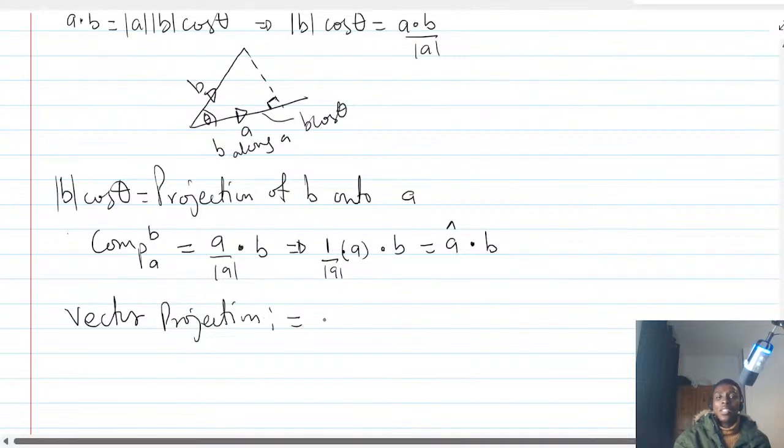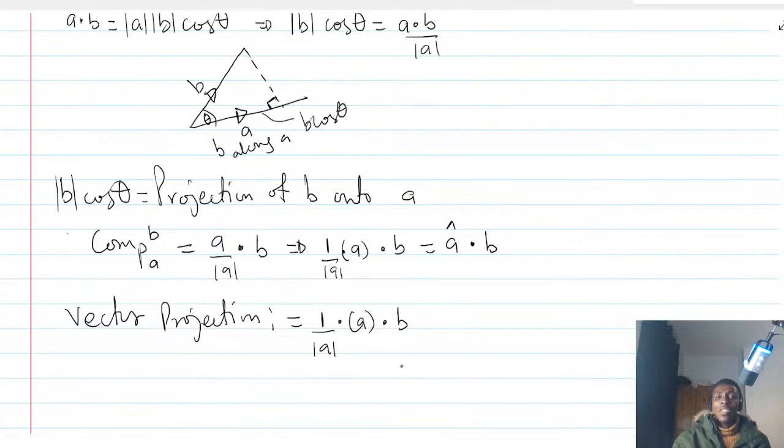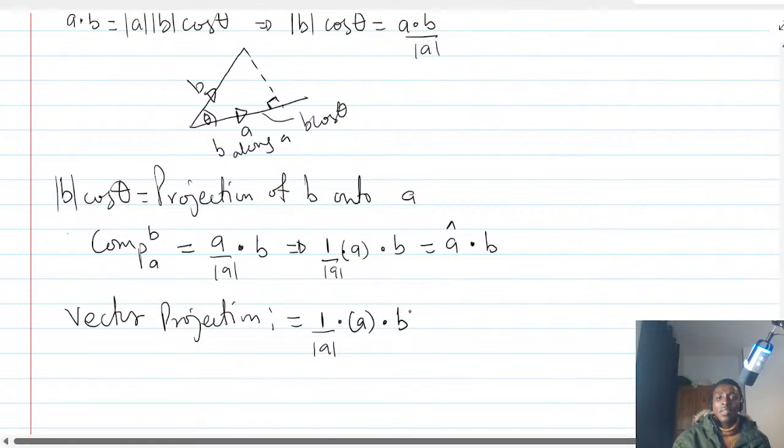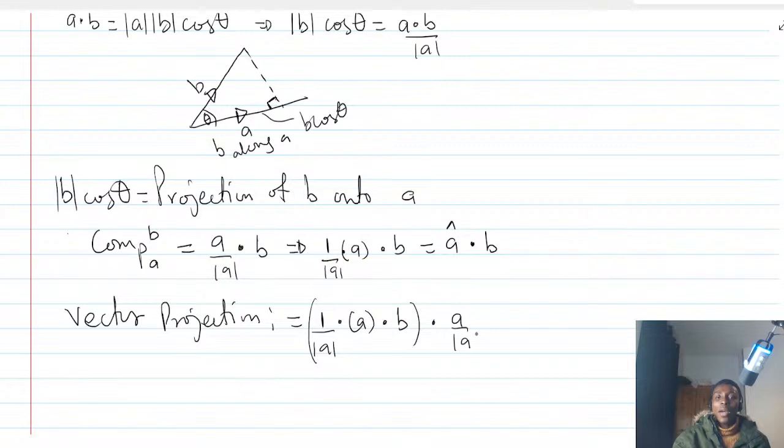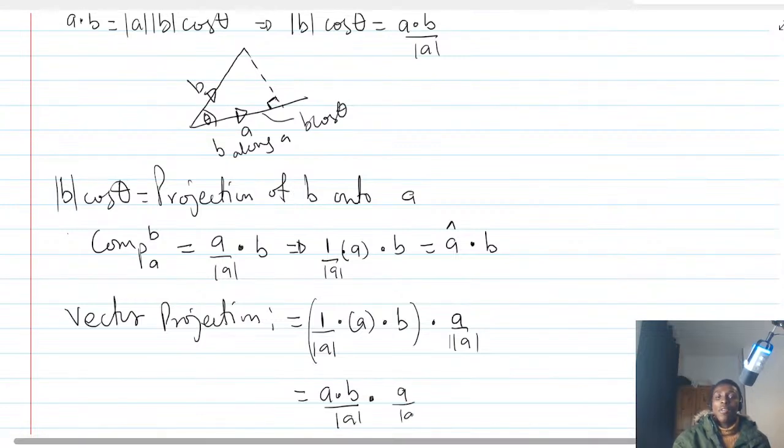So it is 1 over |A| multiplied by A dot B, and you multiply the whole of this by the unit vector, which is the vector over the magnitude. In other words, A dot B divided by |A| multiplied by A over |A|.